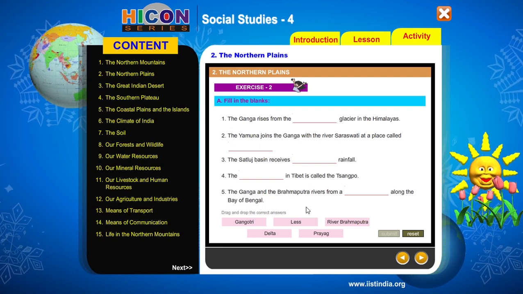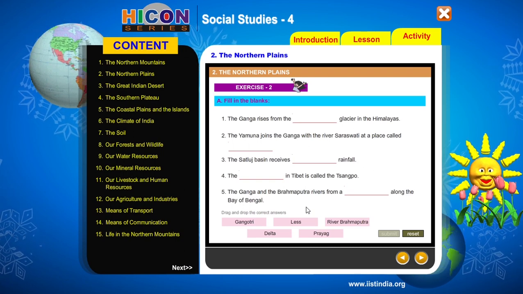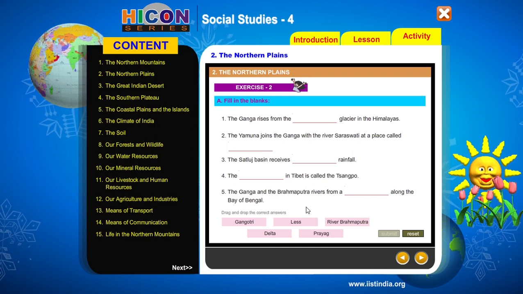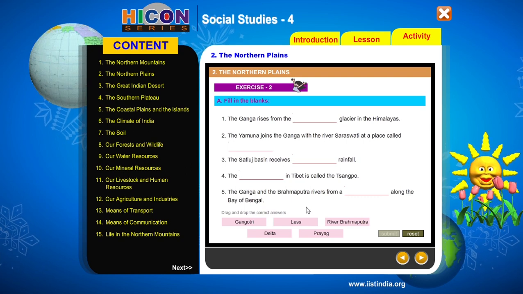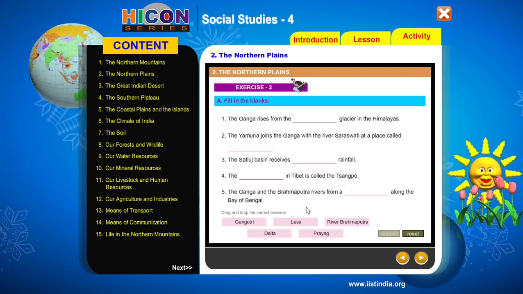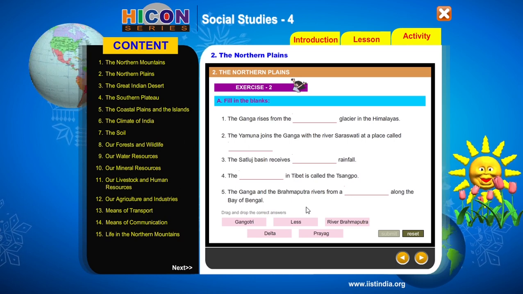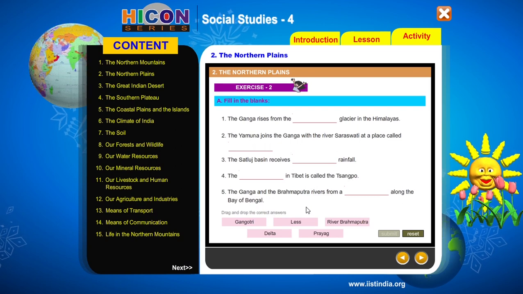The Ganga rises from the dash Glacier in the Himalayas. So while dealing with the lesson part, we have seen the major rivers in the northern plains, which includes the Indus, River Satluj, River Yamuna, River Ganga, and River Brahmaputra. And the speciality of these rivers is, yes, they originate from the Himalayas, isn't it?